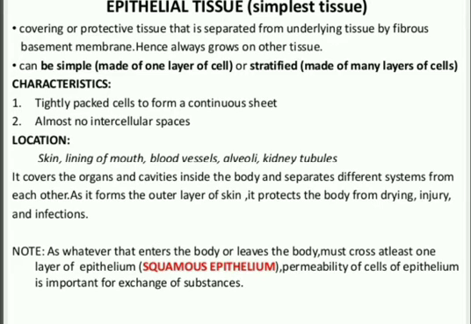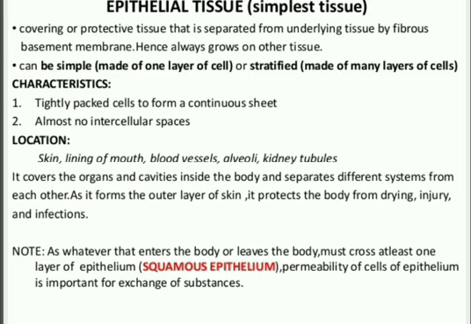Dear students, I have prepared this for you. You can take a screenshot of it, and I have managed all the things in one place for you. And what are the locations of epithelial tissue?